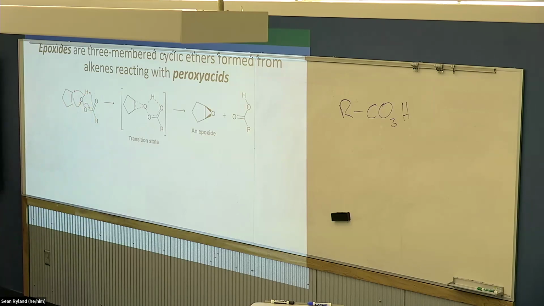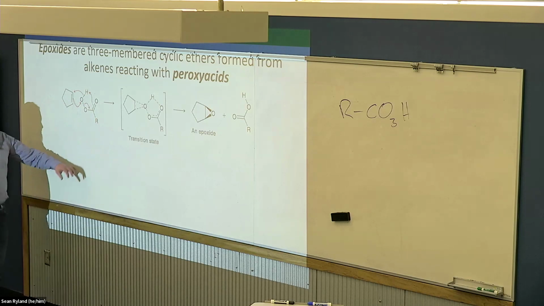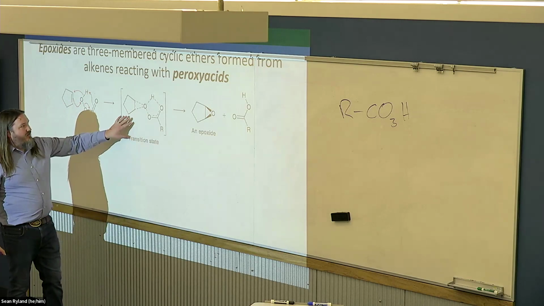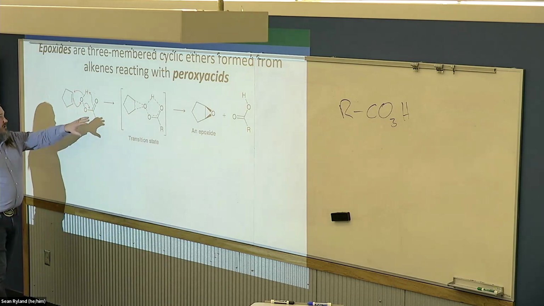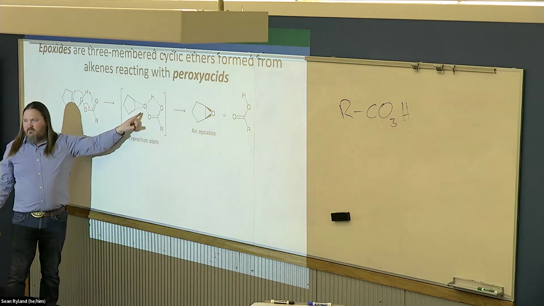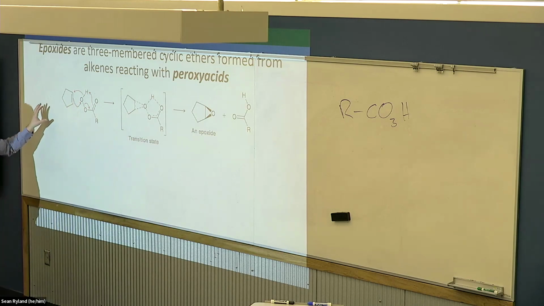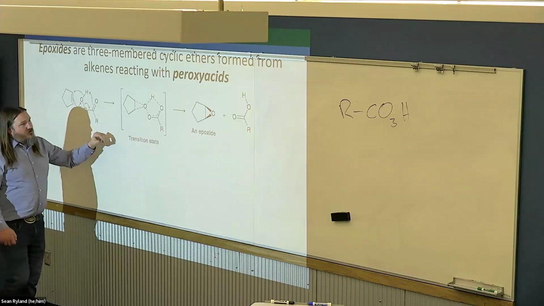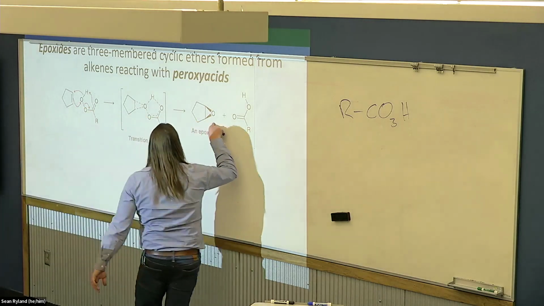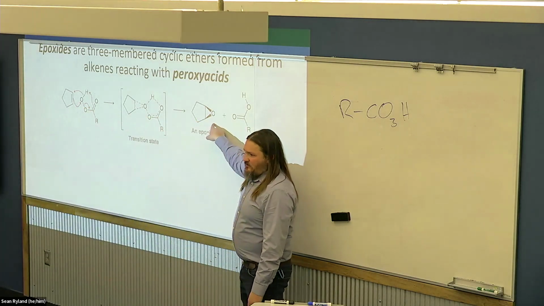So you wind up doing almost like a hydrogen handoff from one oxygen to the other oxygen. And this is what the transition state winds up looking like. This is just showing these electrons in the middle of moving, right? Same net result is what we have here. And again, the net result of that is an epoxide.